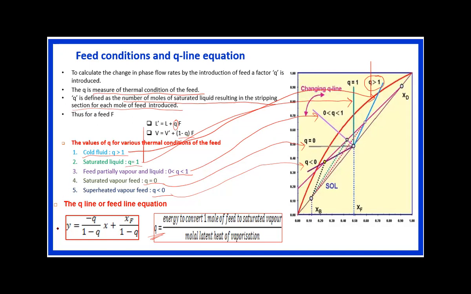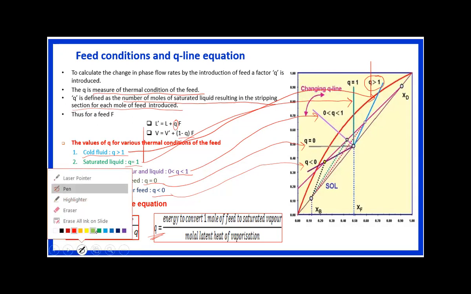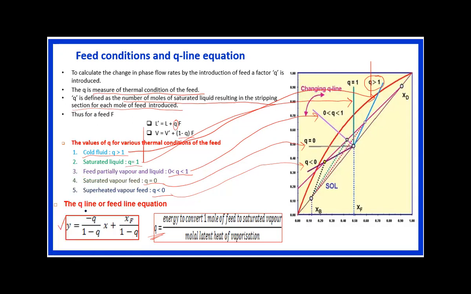Now I have shown the final equation of this q line here, that is y equal to minus q upon 1 minus q into x plus xF upon 1 minus q. And as it is a straight line, we can compare this equation with y equal to mx plus c.